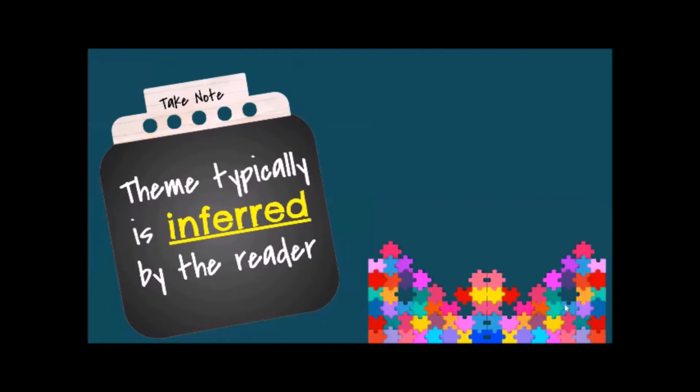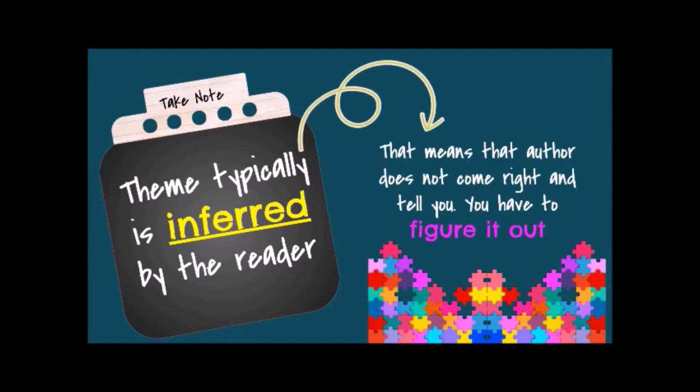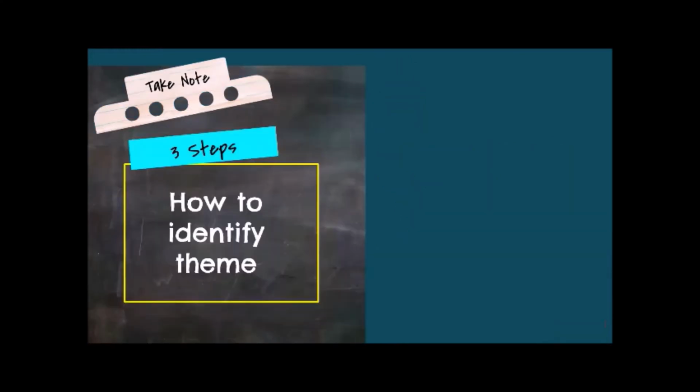So typically the theme is not explicitly stated. You have to infer it as a reader, meaning that the author isn't going to come right out and tell us. We're going to have to use the pieces of the puzzle that the author drops along the way to help us figure out what the theme is.